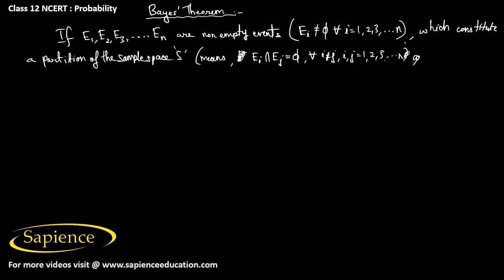And they should be exhaustive also, they are exhaustive events. It means that E1 union E2 union E3 union till En should be equal to S.